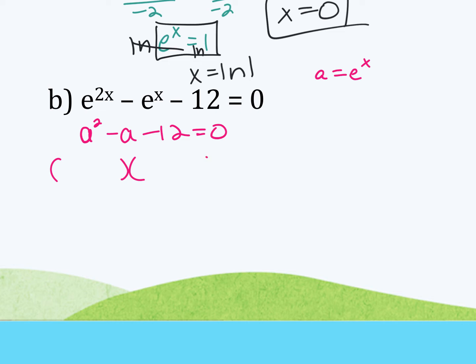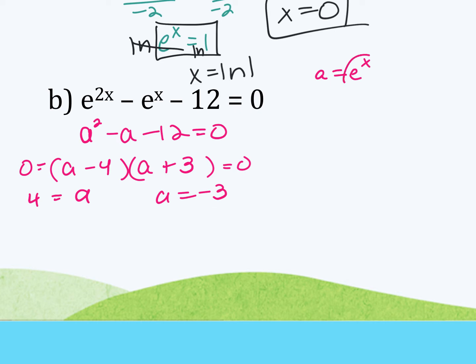I could factor it, A minus 4 and A plus 3, and then solve it. A equals 4 and A equals negative 3. But then I substituted A for e to the x, so I have to substitute e to the x back in for A.